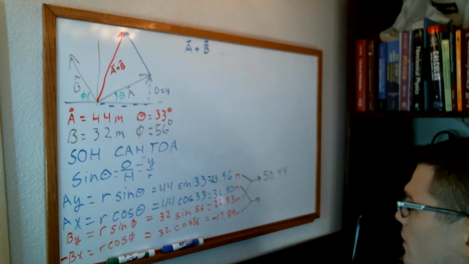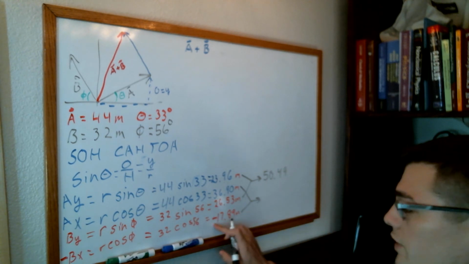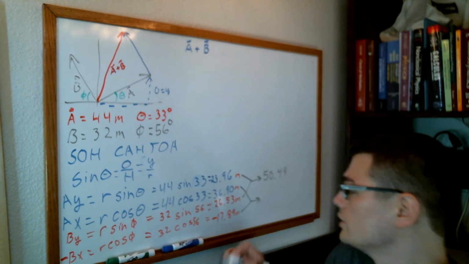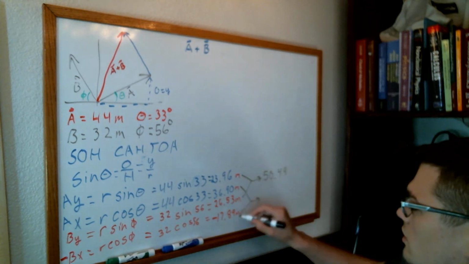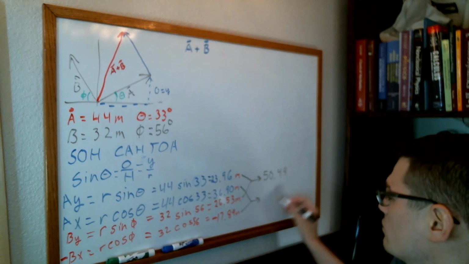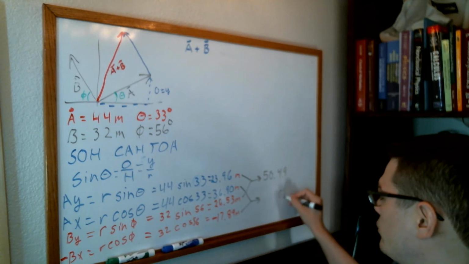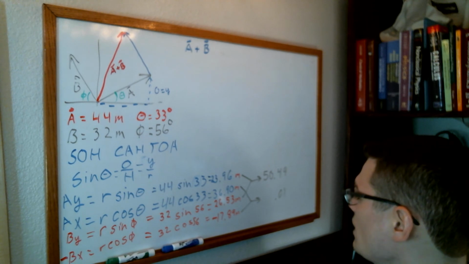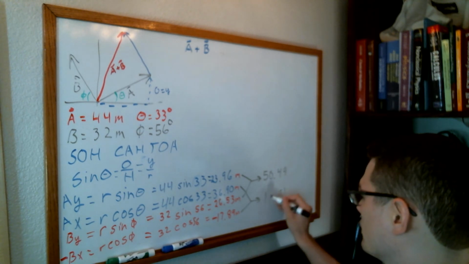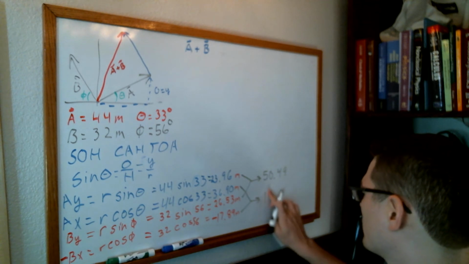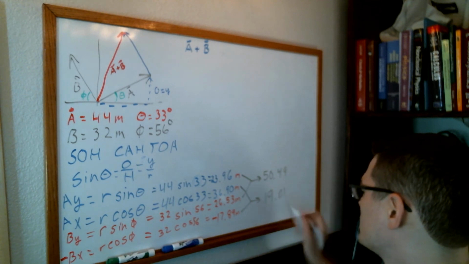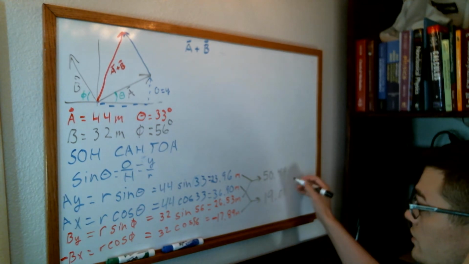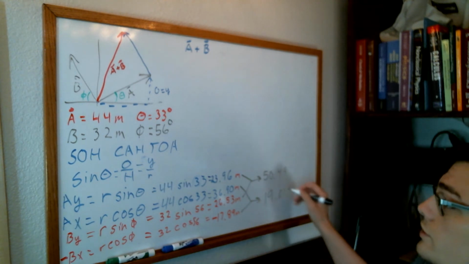And then for the bottom part, we actually have to subtract these because we have a negative sign in here. If we subtract these two together, we'll get 19.01.